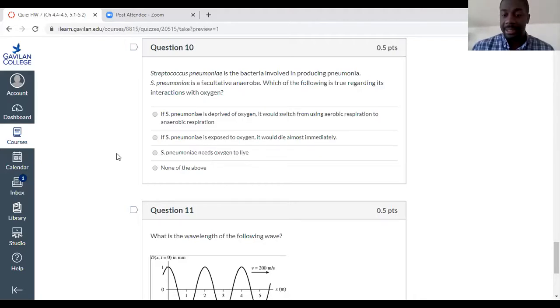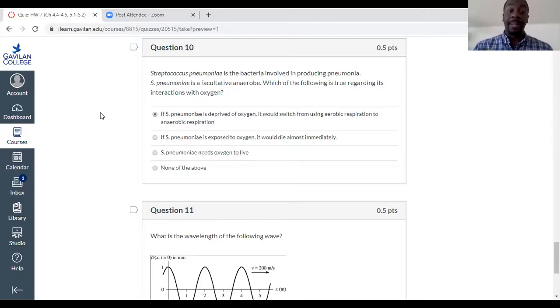So I'm hearing B's, I'm seeing a couple A's as well. The answer to this one is A. A facultative anaerobe is able to switch from aerobic respiration to anaerobic respiration, depending on how much oxygen is available. If there's lots of oxygen present, it's going to be able to use aerobic respiration, go through glycolysis, the citric acid cycle, and oxidative phosphorylation to produce large amounts of ATP.